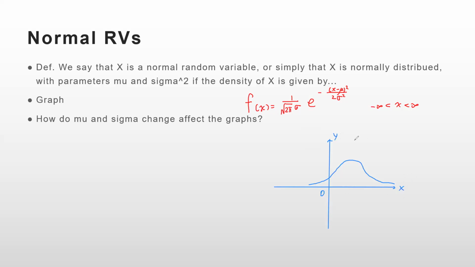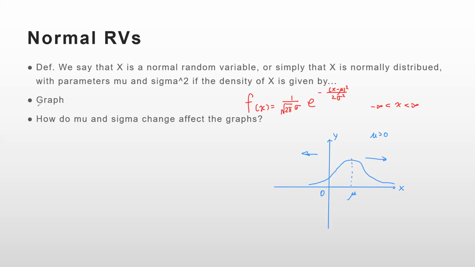All right. So when you add a mu, if mu is greater than 0, then it will shift to the right. If mu is negative, you add a mu to this and it shifts to the left. Later on, we know that mu is really just the mean. So for this one, this is our mu. It's the mean because it's symmetric. So the middle point represents the mean.